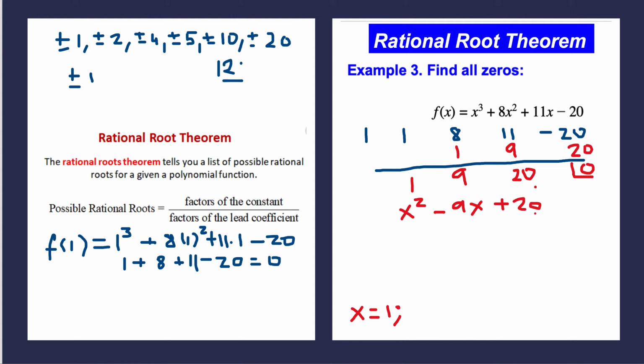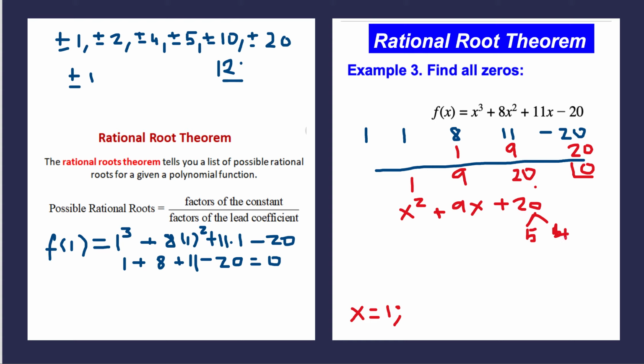Now if I want to factor this, I factor 20 and need to find the middle term, and I'm sorry, it is plus 9 here, because 8 plus 1 is 9. It's not a minus. I need to find plus 9. The good factors here are 5 and 4.